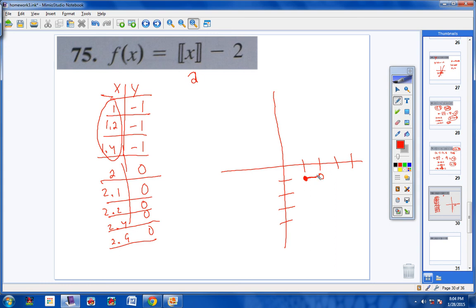Now, from 2 all the way across, all your 2.1s, your 2.2s, all the way up to 3, you're going to get out zeros. So it's going to run from here to here, and that's open.